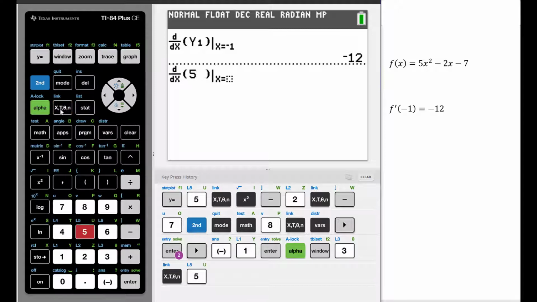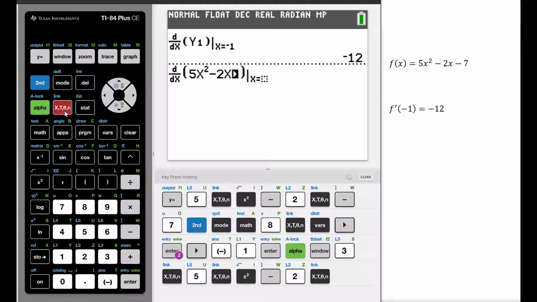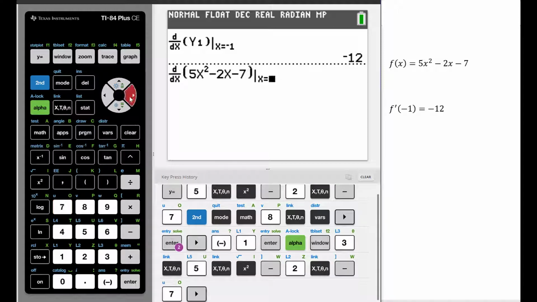And here, instead of going to the Vars button, I'm going to type in the function 5x squared minus 2x minus 7 to show you that you can also find the derivative by typing in the actual function. And then such that x is equal to -1. Then we press enter, and we will arrive at the same numerical derivative, -12.